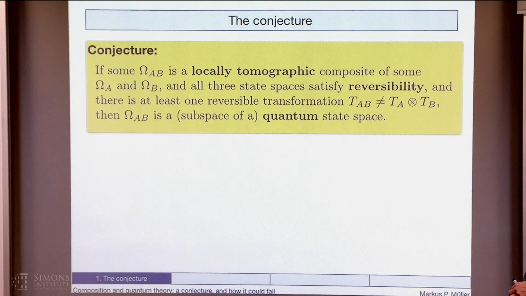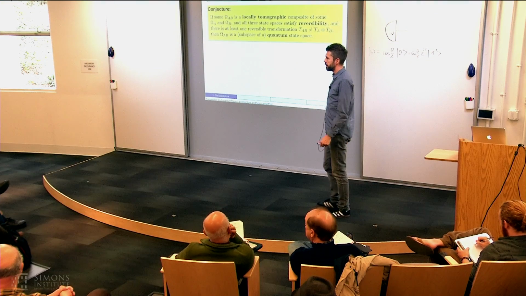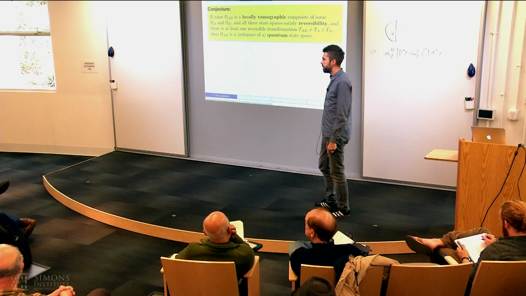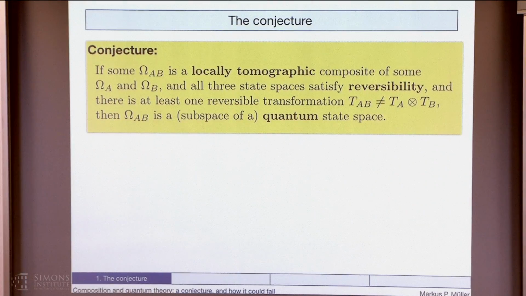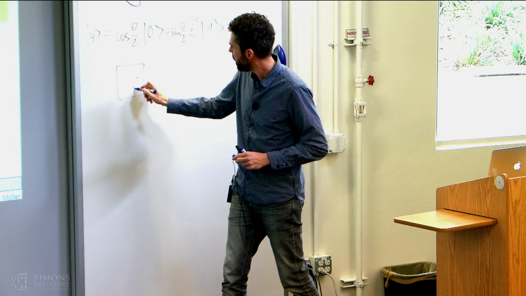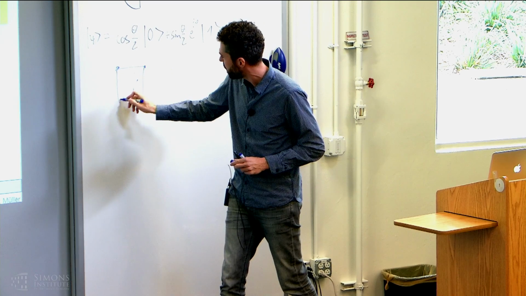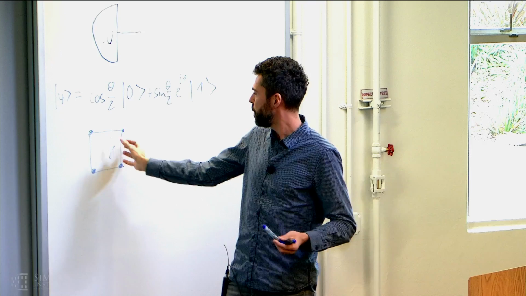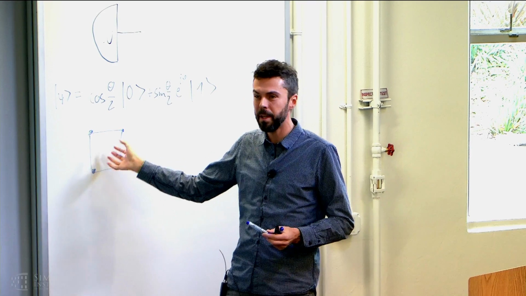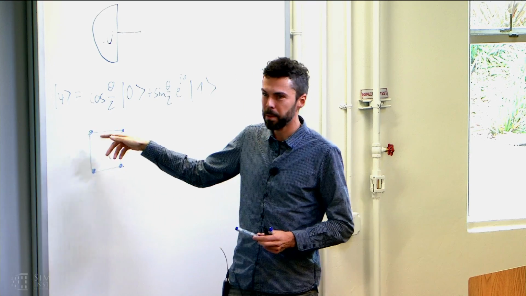Question? So reversibility means specifically that the group of unitary linear transformations acts transitively, or some group? No, some group. You can think of a weird state space. I had the square, for example. This is a state space that has 4 pure states, the corners. And the reversible transformations could be the dihedral group, where you have reflection and 90-degree rotation, and that would map every one of the 4 to every other one.